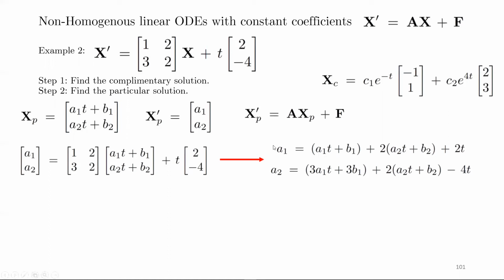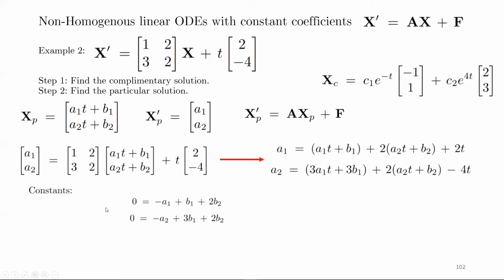So for example, in this first equation, maybe I'll take a1 to the other side, so I have 0 is equal to minus a1 plus b1 plus 2 times b2. The second equation, again, if I take that to the other side, I get 0 is equal to minus a2 plus 3 times b1 plus 2 times b2.